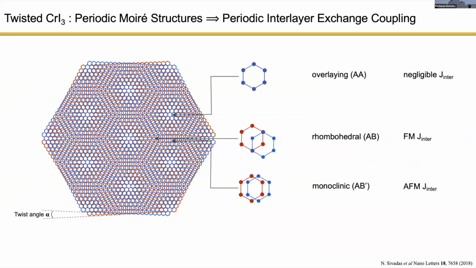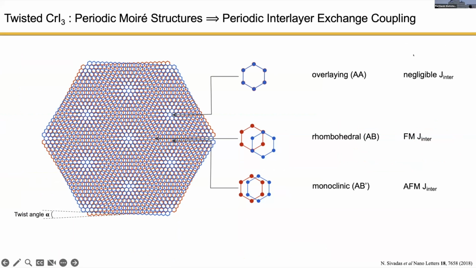So based on this kind of knowledge, people may wonder if we take two of these layers and give them a twist to generate this kind of Moiré superlattice, we will certainly have different stackings within the Moiré supercell. Here we are highlighting a few. For example, we will have this kind of overlay geometry where the honeycomb perfectly sits on top of each other.